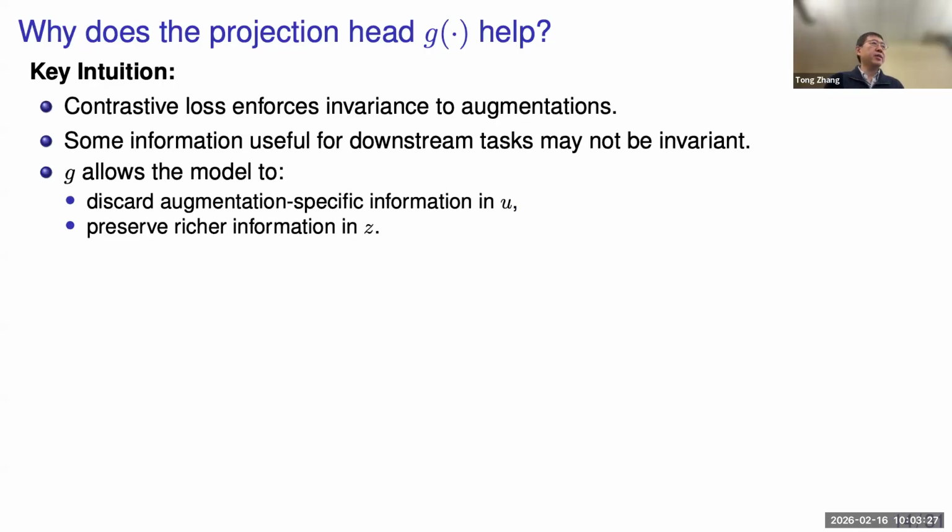So G allows you to discard the augmentation-specific information in U and preserve the richer information. Basically, U will be environment specific, but the environment may not be enough. So Z will actually have richer information.